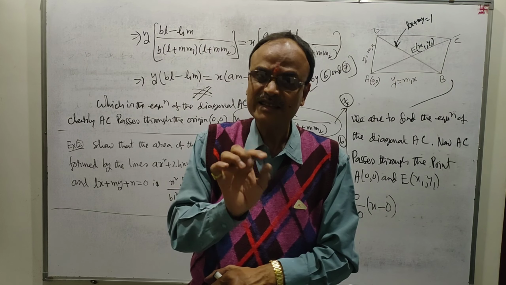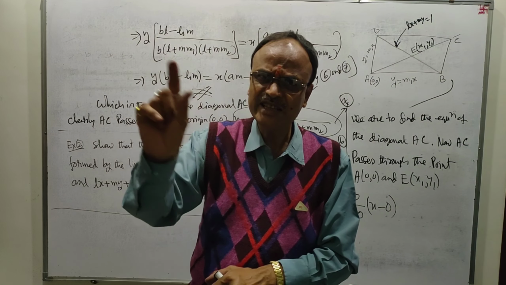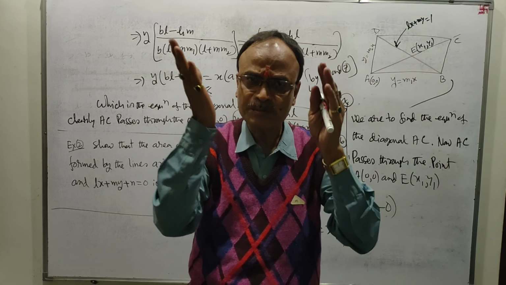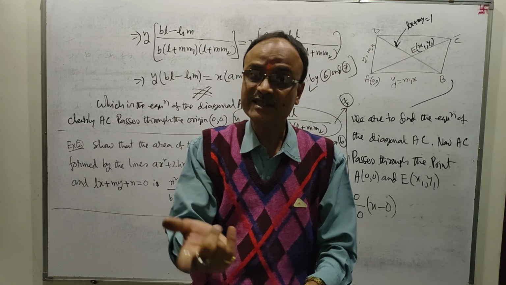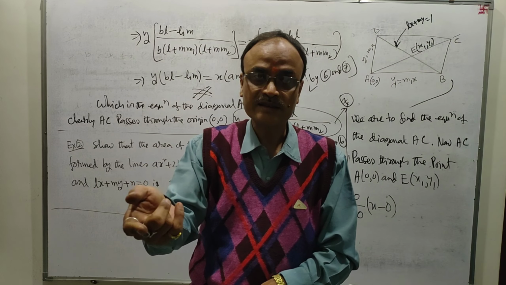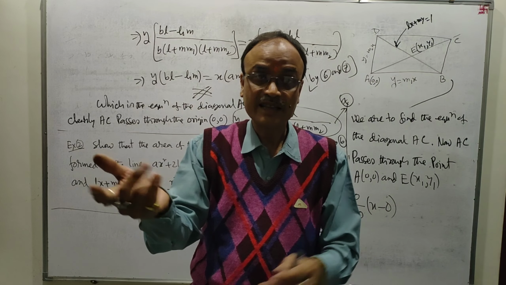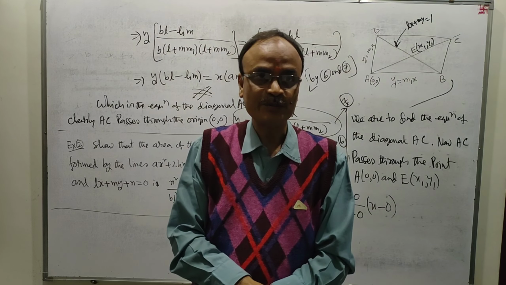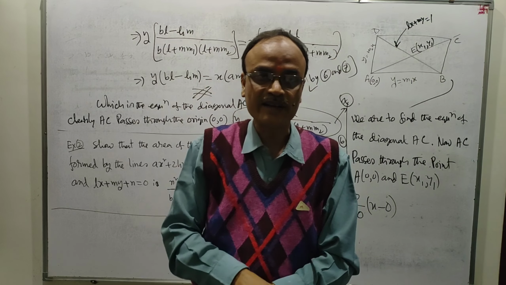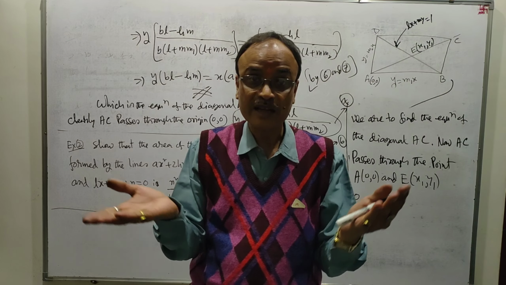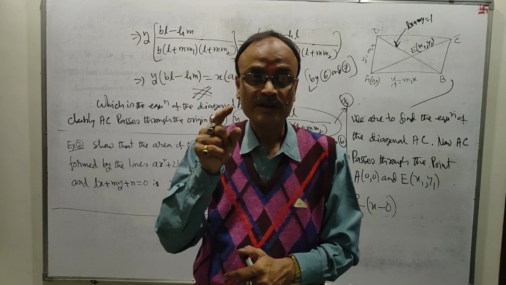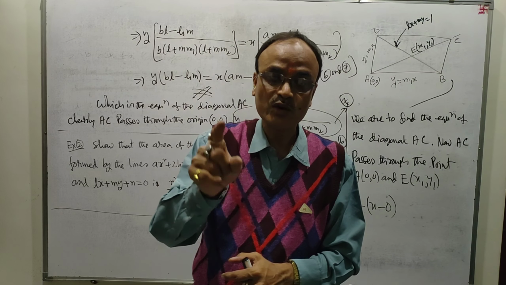This cannot be AC, because AC must pass through the point A (0, 0), but LX plus MY equal to 1 does not pass through 0, 0, since 0, 0 does not satisfy the equation. Therefore, the equation of the diagonal BD is LX plus MY equal to 1.